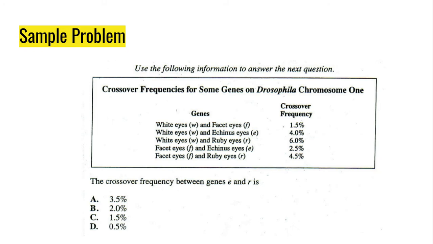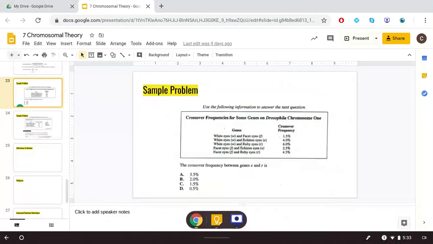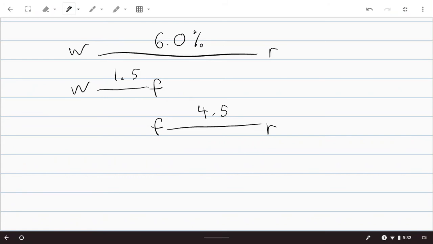But we also see that we have the distance between the echinus eyes and the white eyes as 4.0. And there's only one way we're going to be able to arrange this to make that work. Because if we take a look, 1.5 plus 2.5 is 4.0.